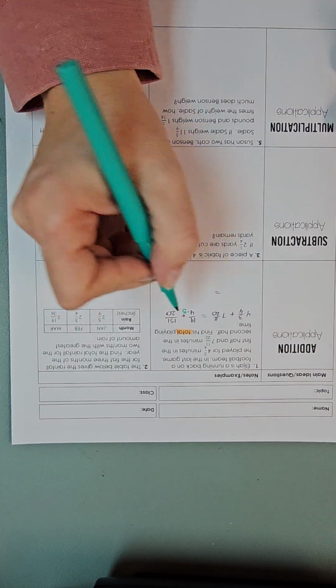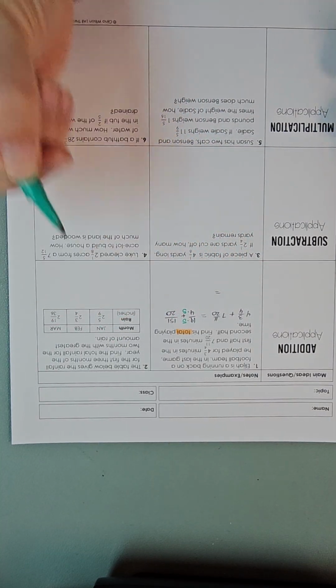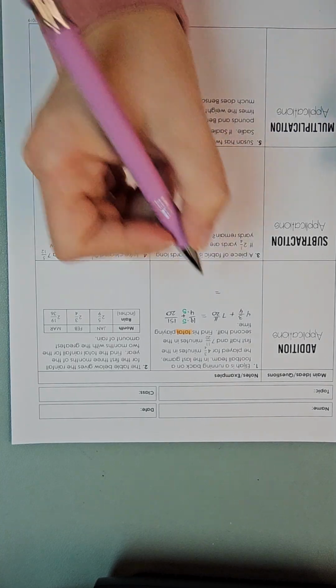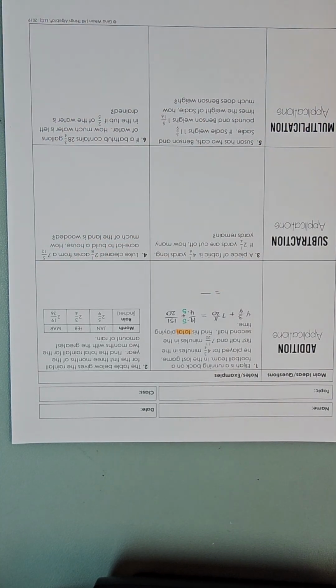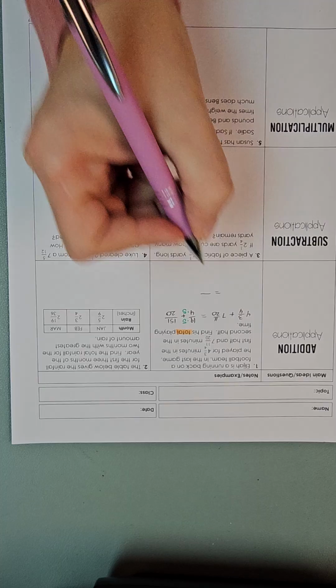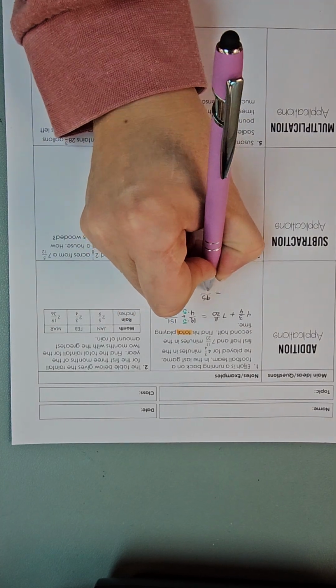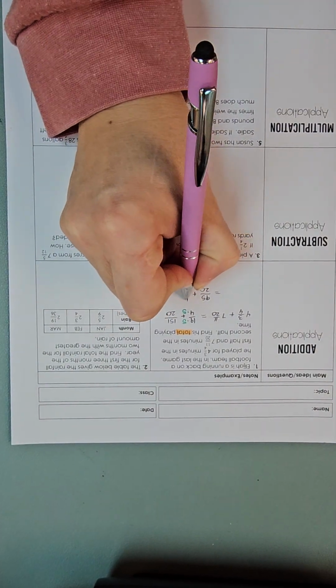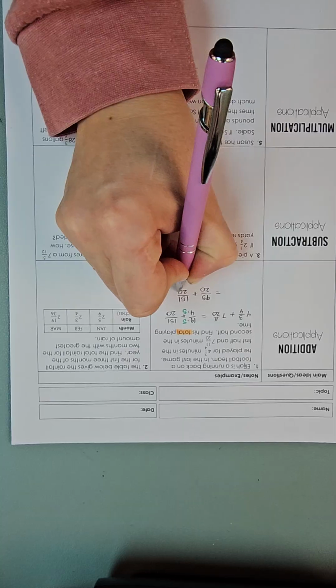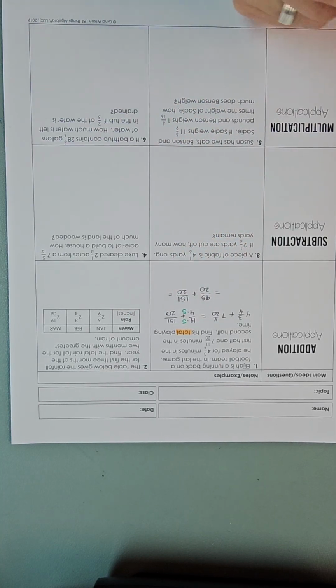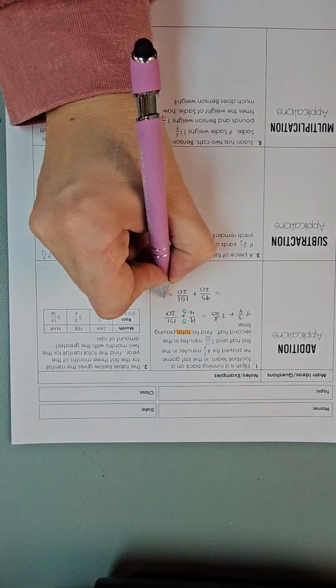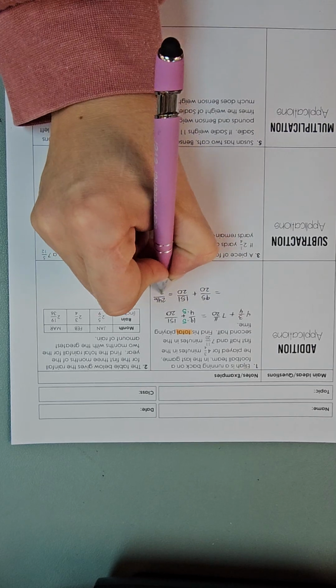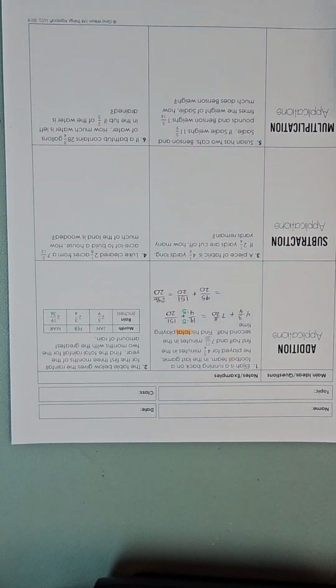What I do to the bottom, I do to the top. So for my first fraction, you should get 95 over 20 plus 151 over 20, which adds up to 246 over 20.